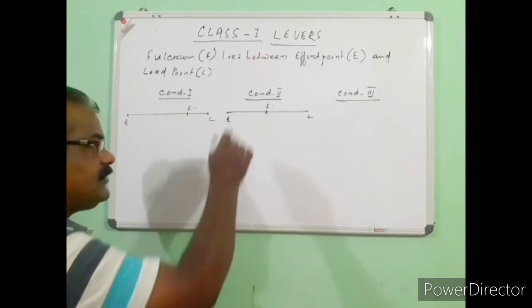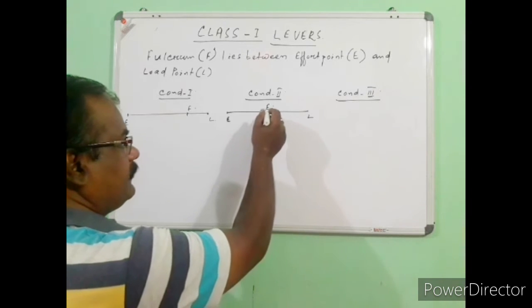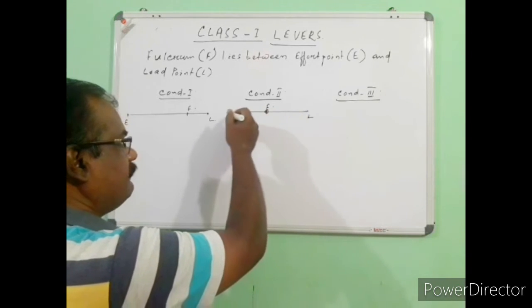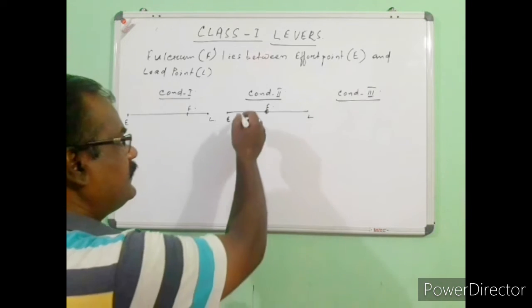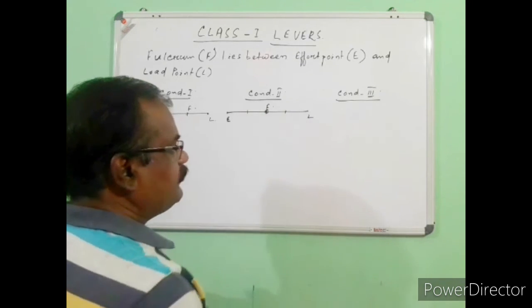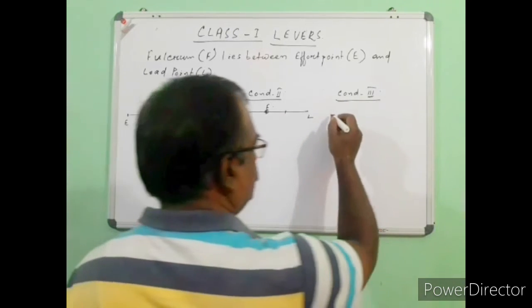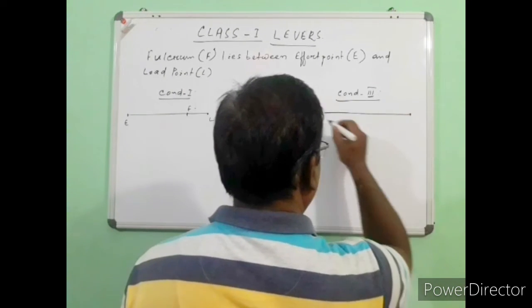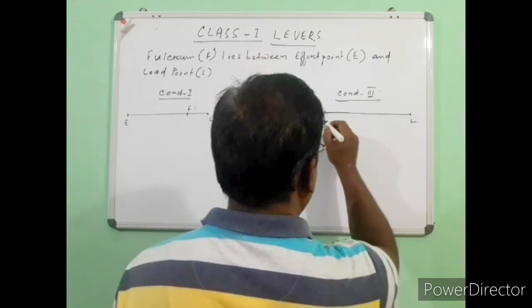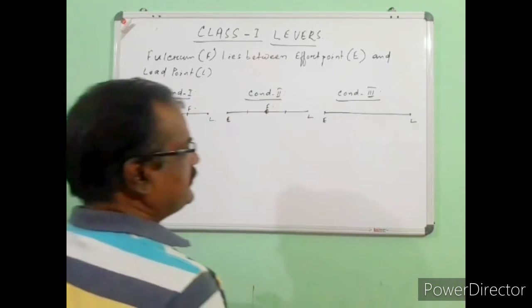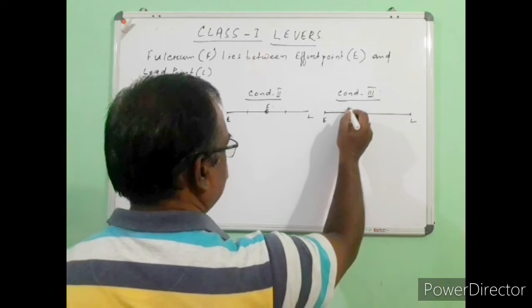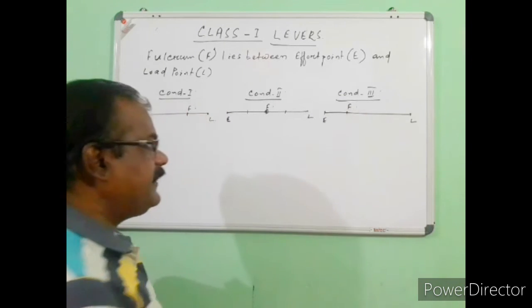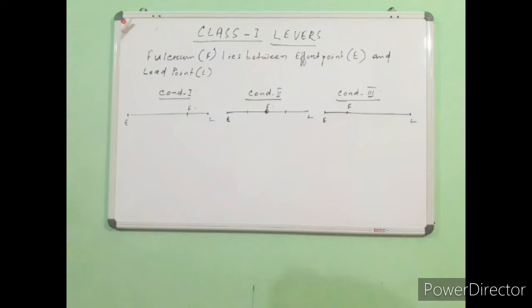But in condition number 2, the fulcrum is exactly in the middle of the load and effort points, meaning this side and this side are both equal. Condition number 3, where the load and effort are at the extreme points, but in this case we have displaced the fulcrum towards this side, where the fulcrum is very close to that of the effort. These are the 3 conditions that we are getting here.